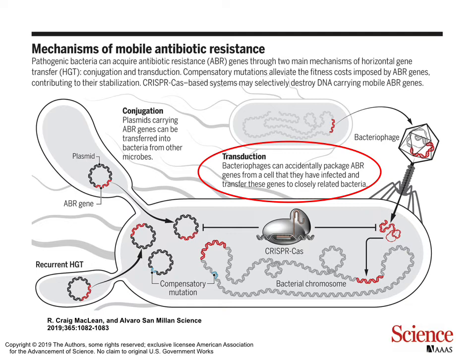And in this case, what you have is bacteriophages accidentally package some of the genes from the antibiotic resistant bacterial cell, and then when that bacteriophage goes off and infects another cell, it injects that new gene into the bacterium and transfers the antibiotic resistance.